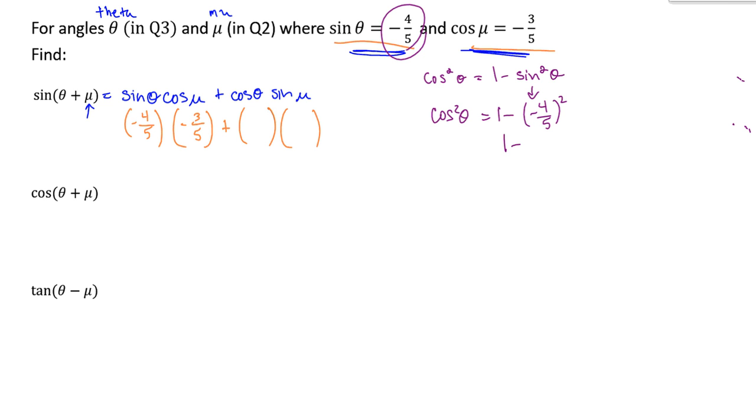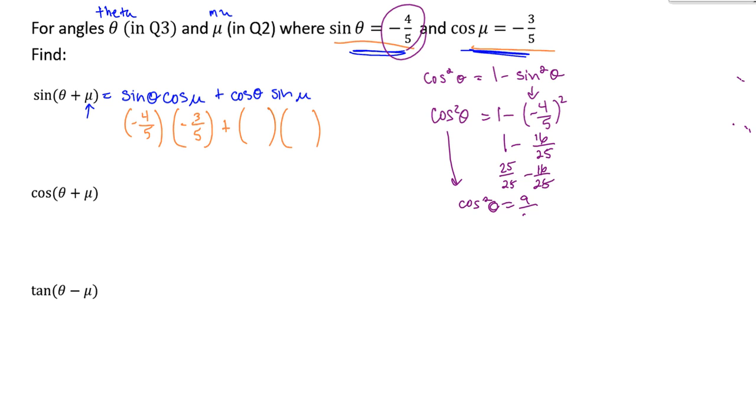All right. 1 minus, that's 16/25. We need a common denominator here. That'll be 25/25 minus 16/25. So we've got cosine squared of theta equals 9/25.